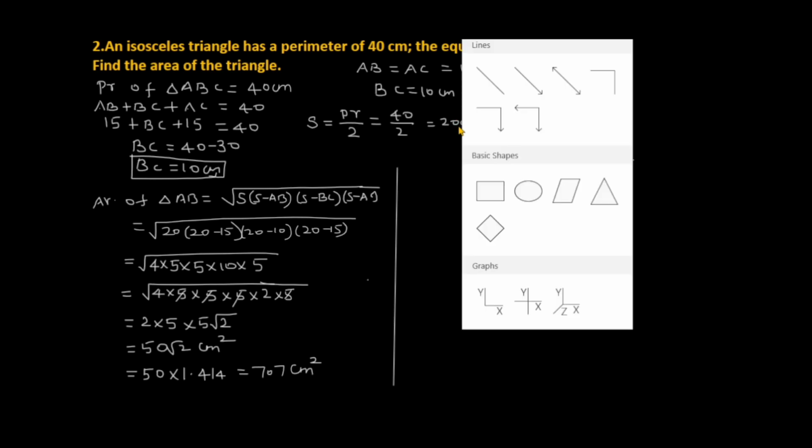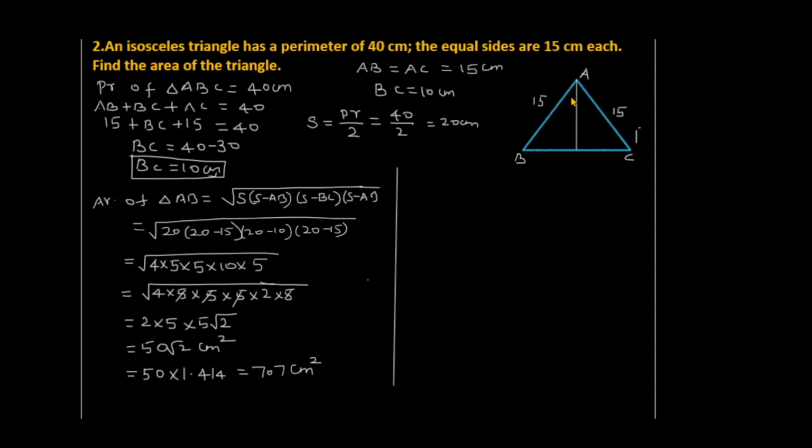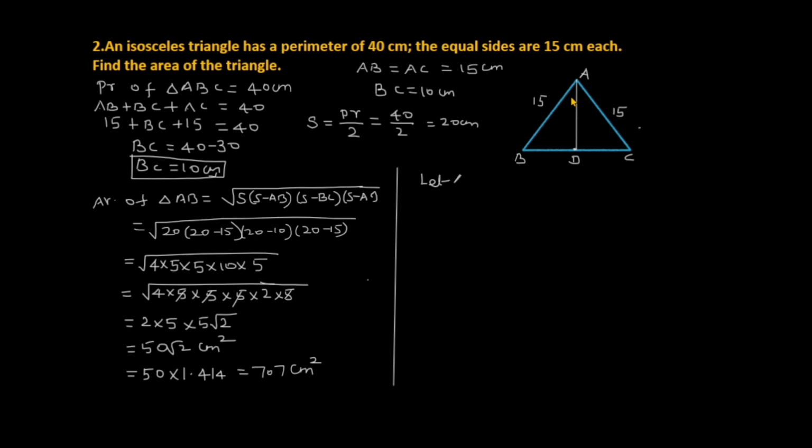Given as an isosceles triangle, suppose we are dropping one perpendicular from vertex A, say this is AD. If we are dropping a perpendicular from A, this vertex is D. Now let AD is perpendicular to BC.